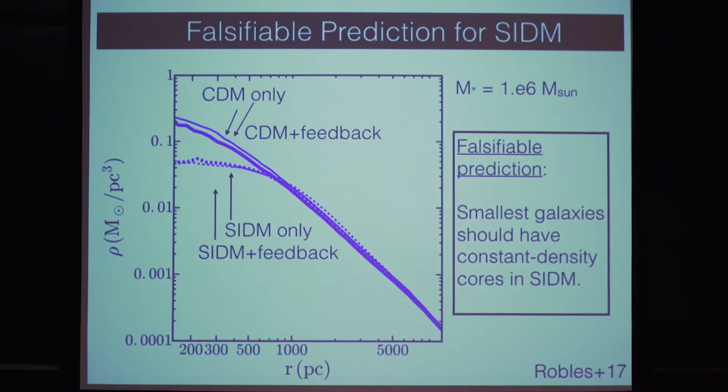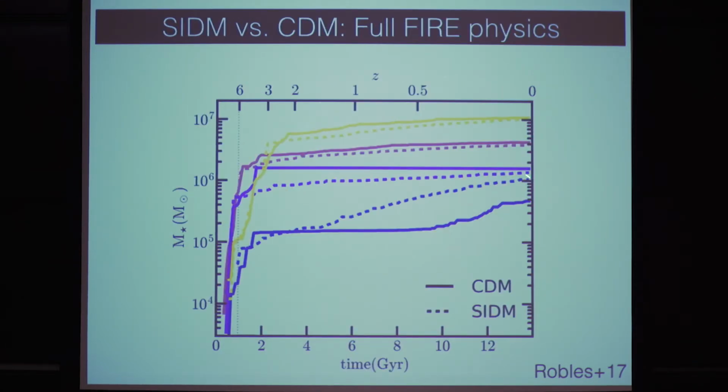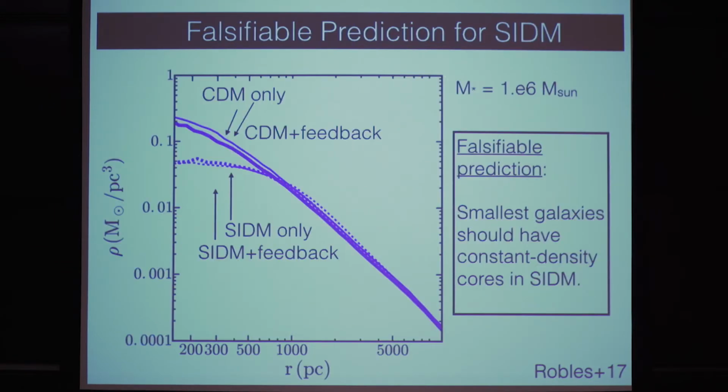So specifically, if we go to one of the smaller galaxies, this one here, this one forms so few stars in cold dark matter that it creates a nice cusp. There's not enough supernova to make a core, whereas in SIDM it preserves that big core.